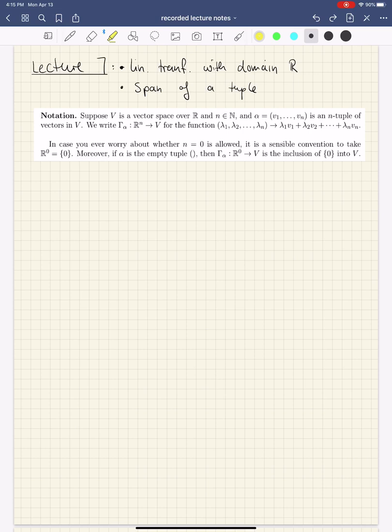What we're going to do now is look at linear transformations with domain R, and by R I mean here R to the n. So we're looking at the following transformations gamma alpha.